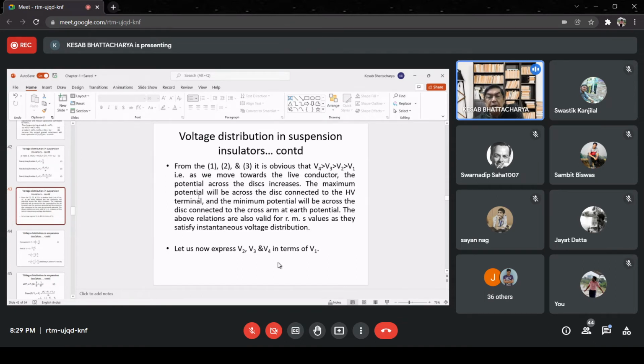The maximum potential will be across the disc connected to the high voltage terminal, and the minimum potential will be across the disc connected to the cross arm at earth potential. This point is important. The above relations are also valid for RMS values as they satisfy instantaneous voltage distribution.